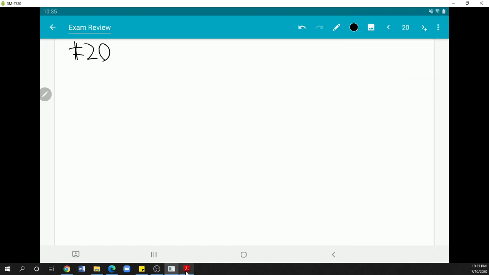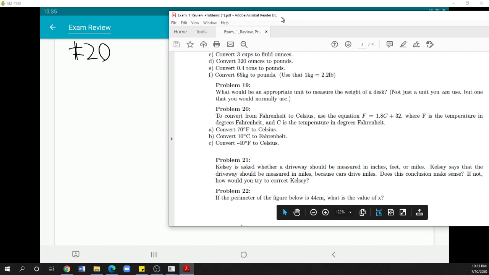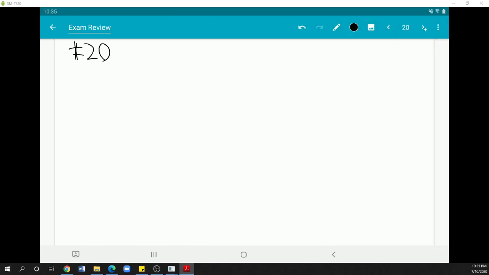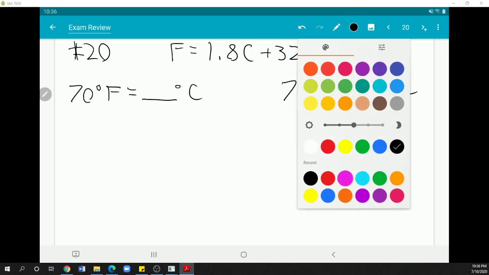Let's write down this formula: F equals 1.8C plus 32. And then it says 70 degrees Fahrenheit equals blank degrees Celsius. So we have our value for F.